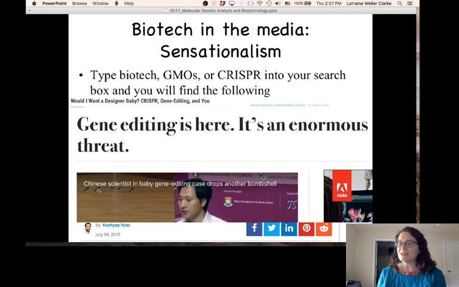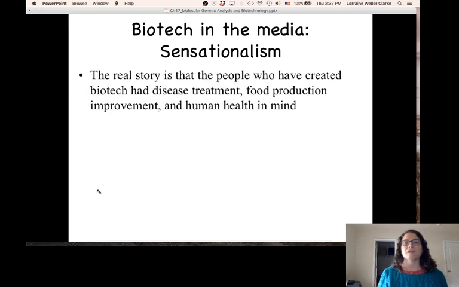But most of the media surrounding it centers on the enhancement designer babies concepts instead of the disease regulation and mitigation things that she focused on. Again, the real story is that a lot of the people who actually created the biotech had disease treatment, food production improvement, and human health in mind.